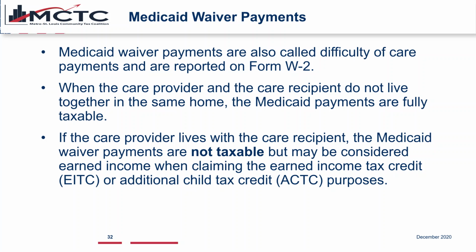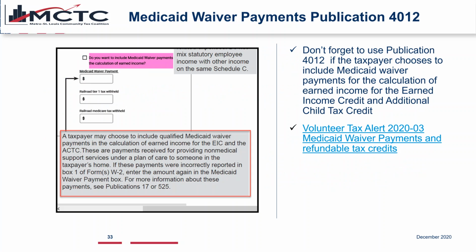So while it's not taxable for purposes of identifying your adjusted gross income, it is available as a part of your earned income credit computation. This is a screenshot of the Pub 4012, but from a taxpayer perspective, there is a box on the W-2 for you to reflect that.